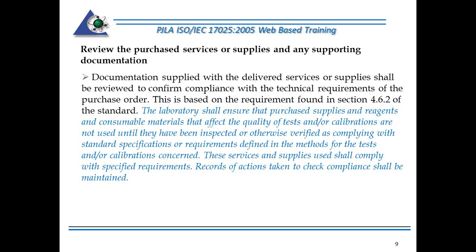Unless your lab has equipment tested and you're receiving a test report, but your laboratories in all likelihood are performing tests and issuing test reports, and you're receiving calibration certificates when you have your equipment calibrated.